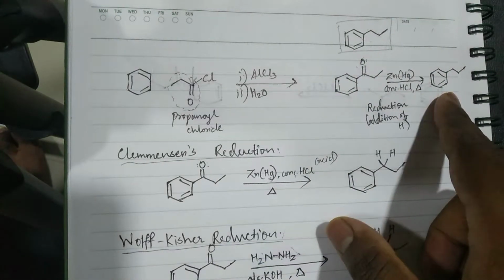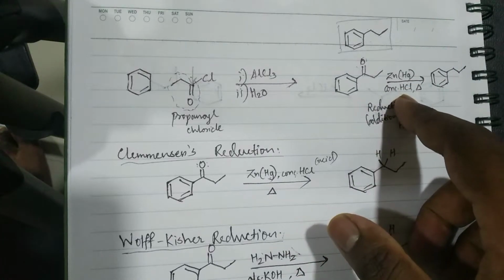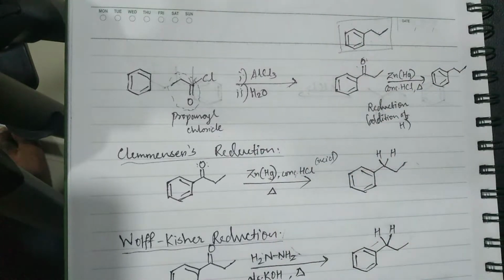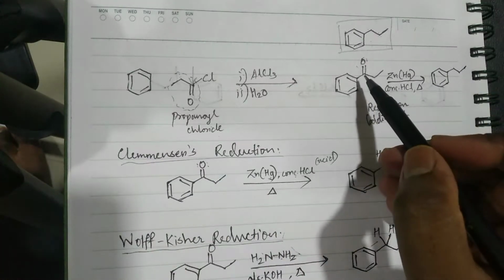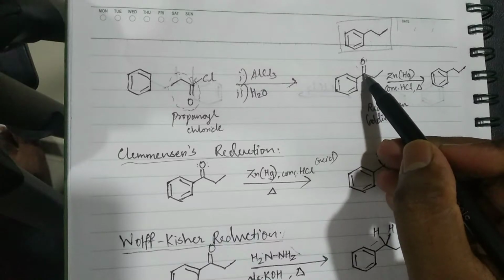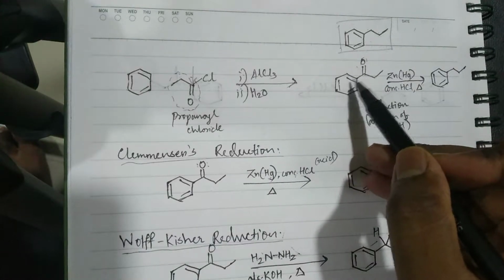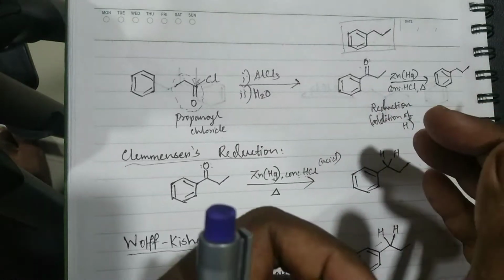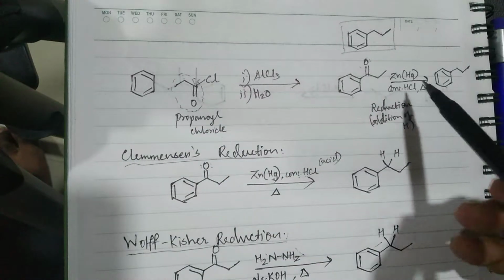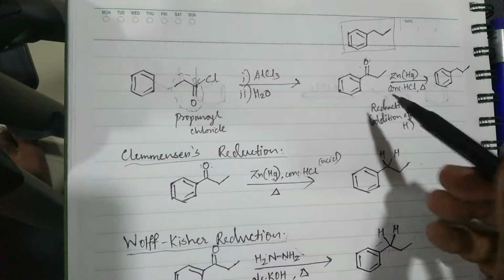How did that reaction take place? There are many ways you can do this reduction, but if I have to keep it very specific for a ketone, a ketone is a compound which has a carbonyl group, and to that carbonyl group there are 2 alkyl groups or 2 carbon chains or rings attached to both hands of the carbonyl.